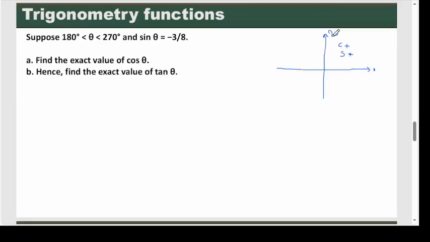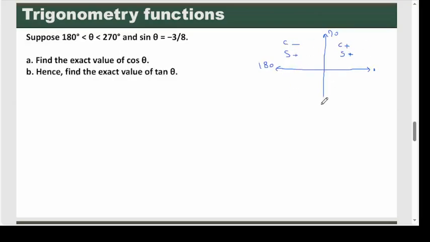Going from 90 to 180, the second quadrant, cosine is related to the x-axis, and we see the x-axis here is negative, so cosine is negative and sine is positive. Sine is related to the y-axis. Always, to find the sign of cosine and sine, you should know that cosine is related to the x-axis and sine is related to the y-axis.